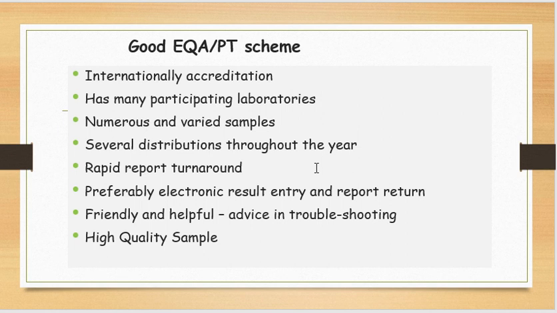So this will maintain the accuracy of the test. If the EQA provider gives you the report with a late turnaround time, you cannot do the troubleshooting in appropriate time.